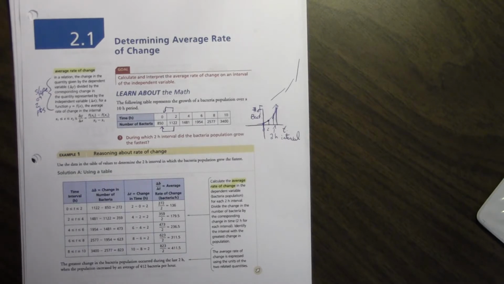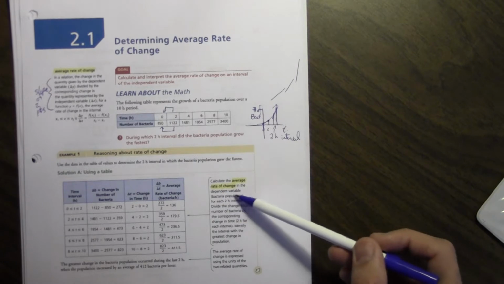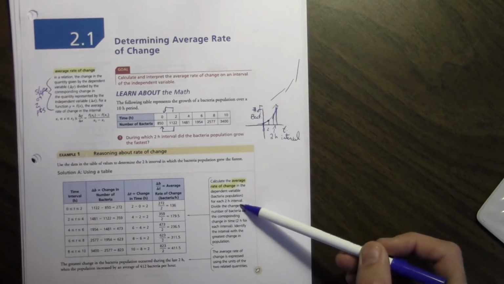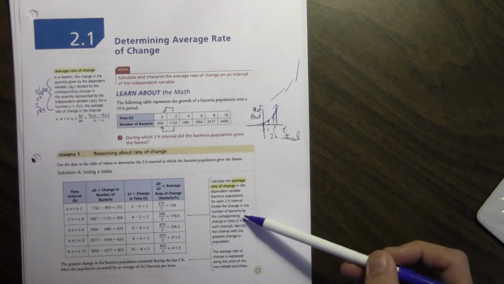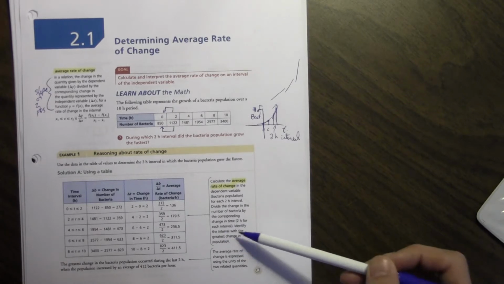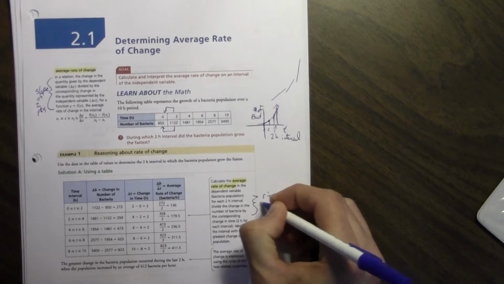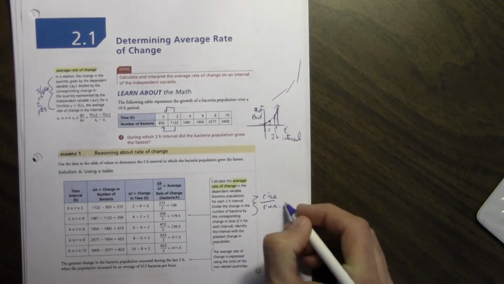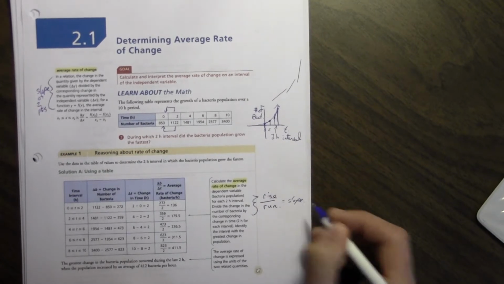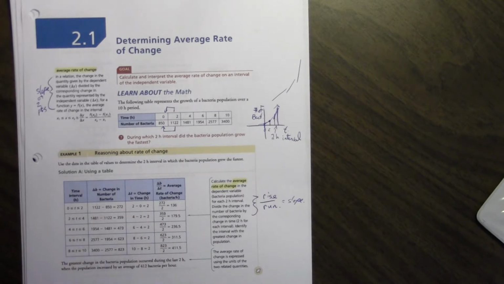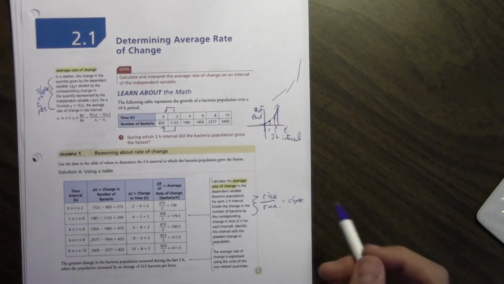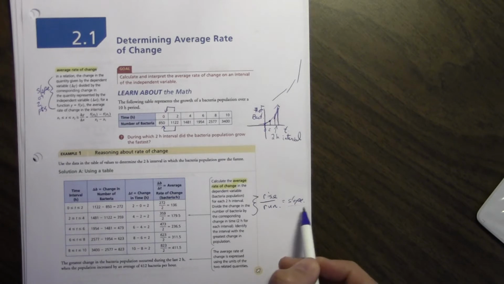Any questions there? It says calculate the average rate of change in the dependent variable for each 2-hour interval, dividing the change in the number of bacteria by the corresponding change in time. So again, they're just finding rise over run. We're getting away from slope on purpose, actually, so I'm not going to come back to it after this.